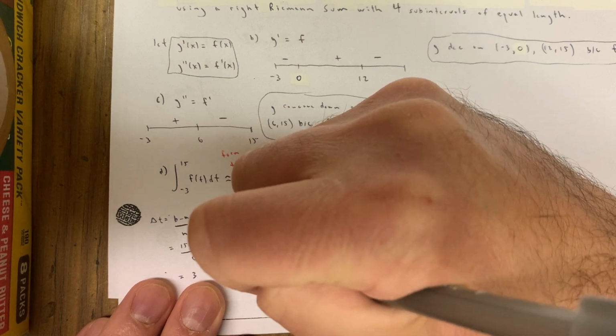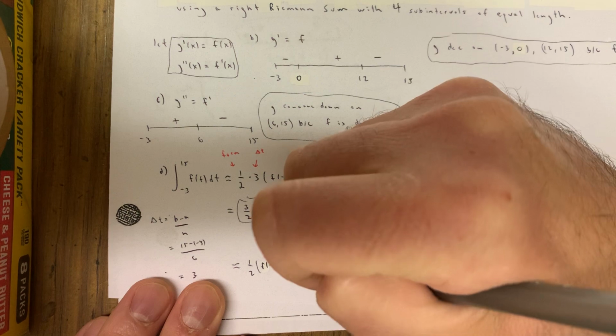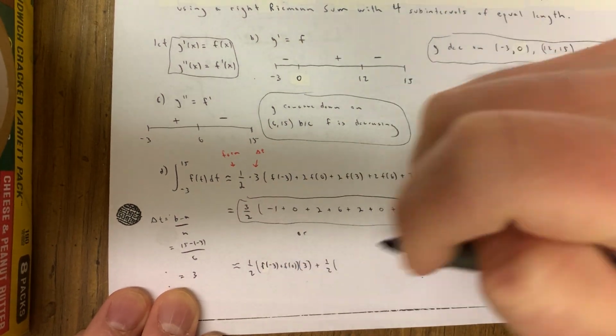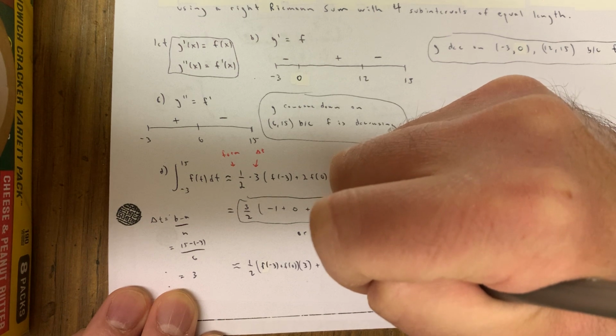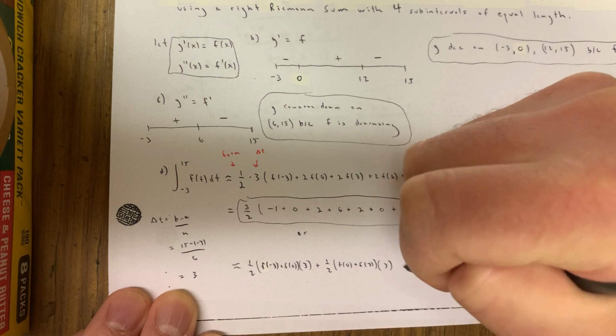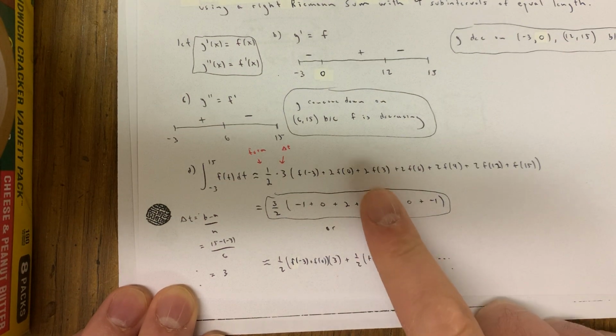So f of -3 plus f of 0, and then times the base, which was 3. And you could do this for each one. The next one, 1/2, and now it goes from 0 to 3. So f of 0 plus f of 3, and it still has a base of 3. You need to do that 6 times, and then essentially it would be what we have right here.